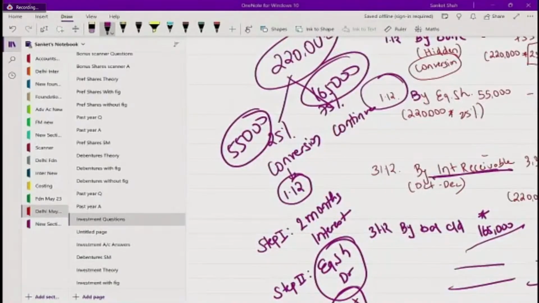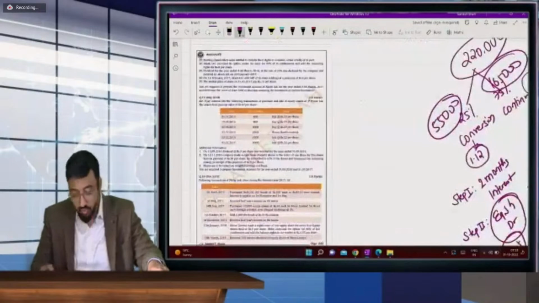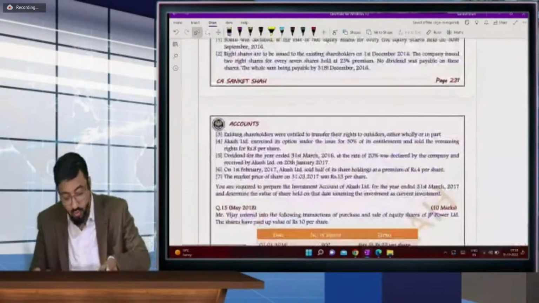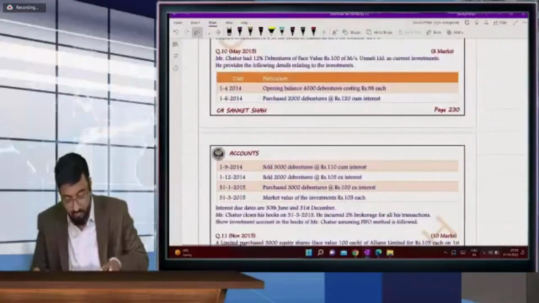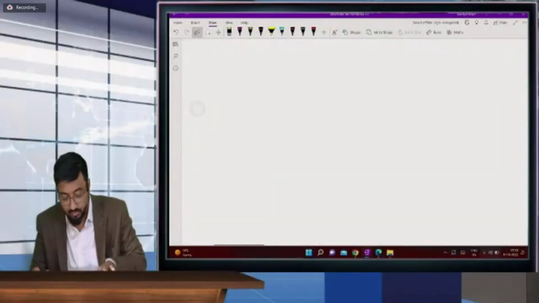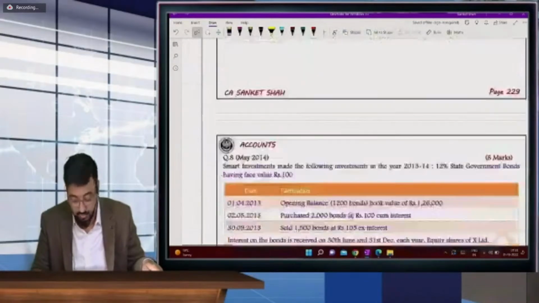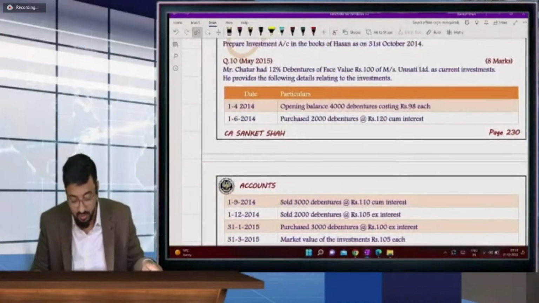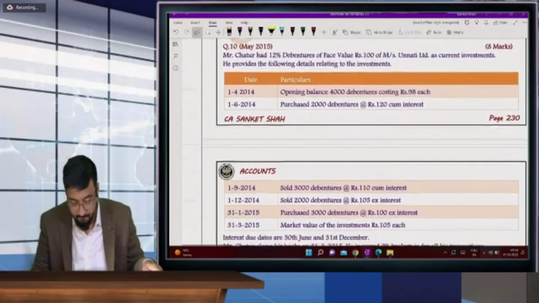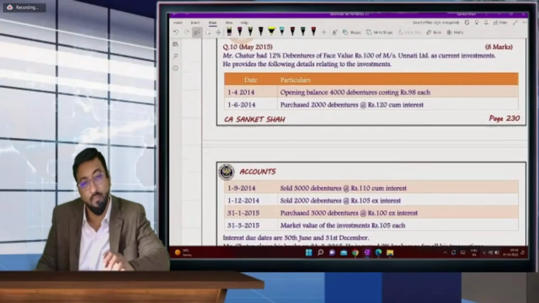I'm telling you one important point. Those students who are watching these recorded sessions or ICAI YouTube lectures, I am seriously telling you, at least for my subject, I don't think you are going to fail in the exam.